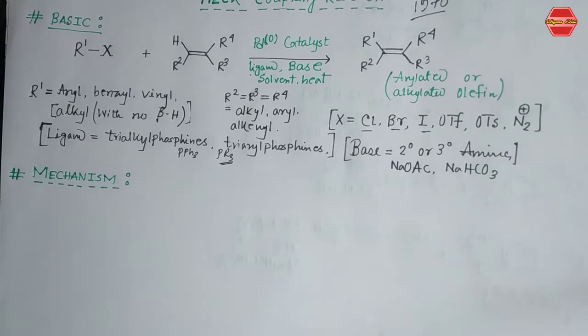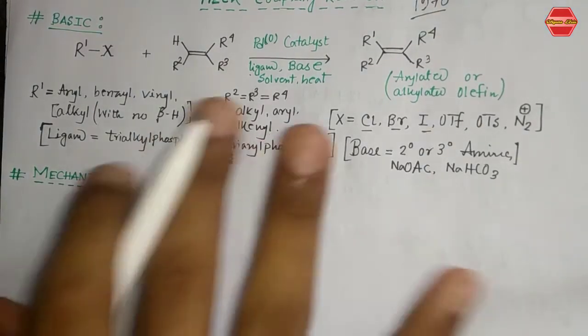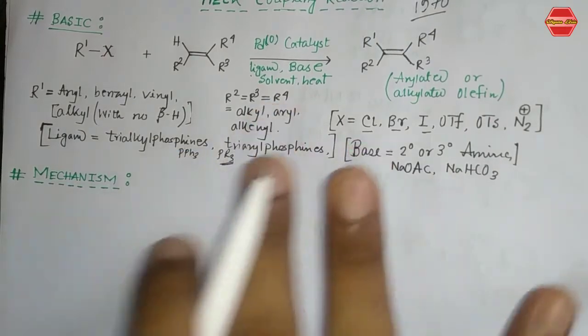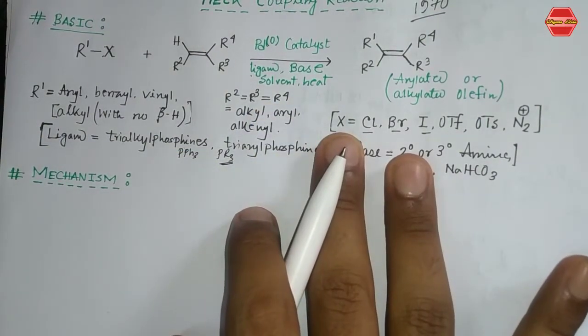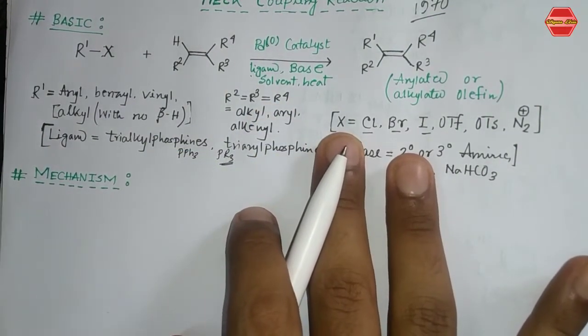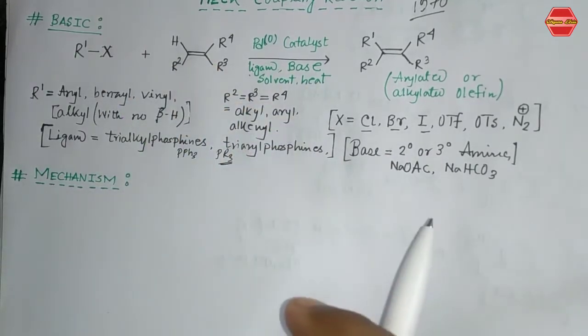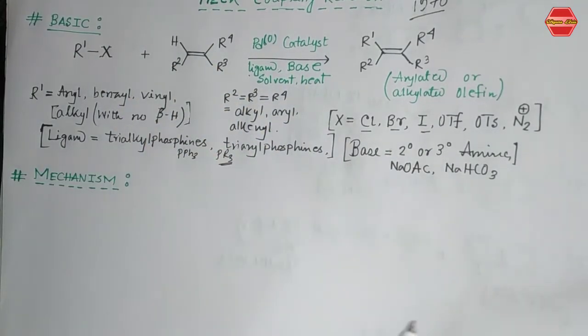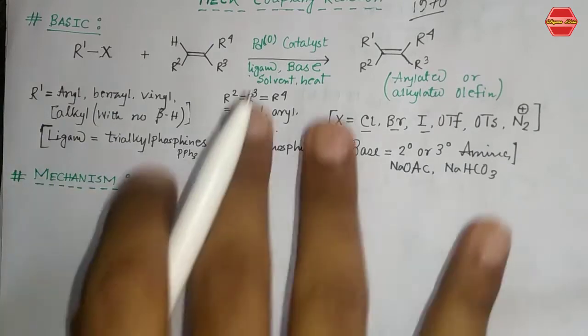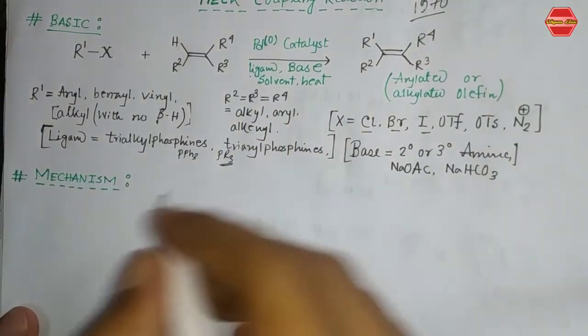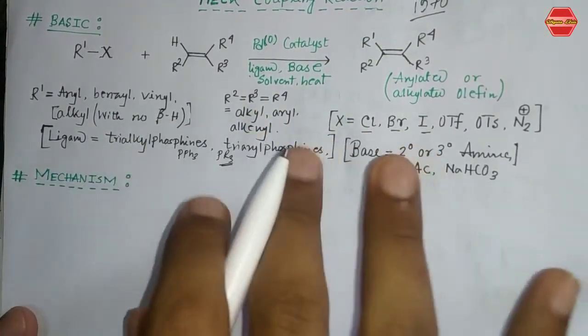Let us first discuss the mechanism of these reactions. The mechanism for this Heck coupling is not fully understood, and the exact mechanistic pathway can vary in different reactions or change depending upon the substrate. The basic requirement for this Heck coupling reaction is that you have to know some basic organometallic reactions.